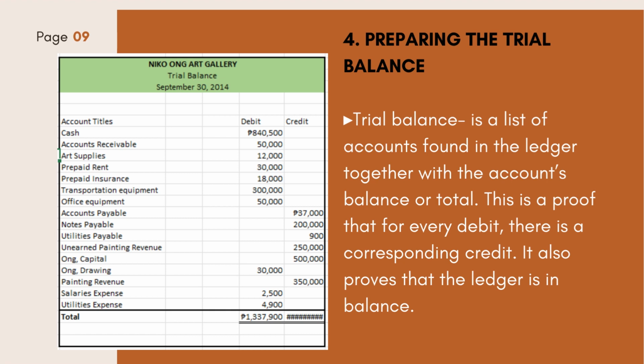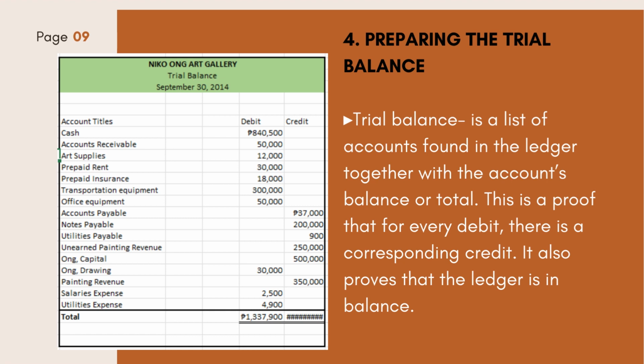Like, mao ni ang mga account titles: cash, accounts receivable, art supplies, prepaid rent, prepaid insurance, transportation equipment, office equipment, accounts payable, notes payable, utilities payable, unearned revenue, capital, drawing, service revenue, salaries expense, utilities expense.